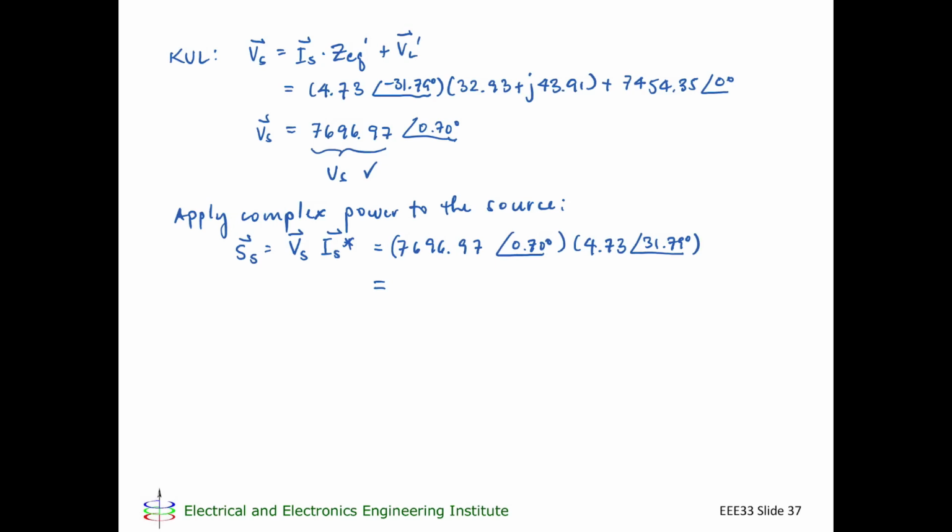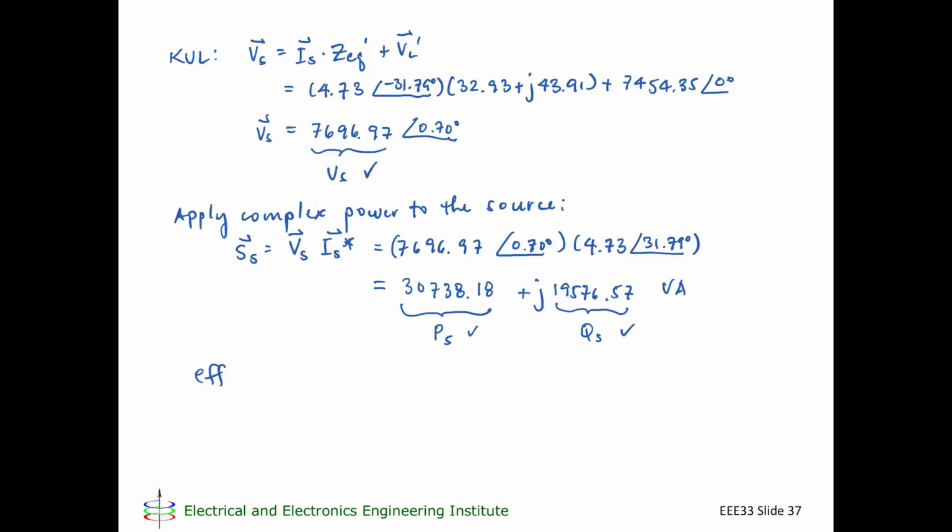Expressing the result in rectangular form, this is 30,738.18 plus j19576.57 volt amperes. And I know this must be the power delivered by my source, and thus this must be the reactive power delivered by my source.